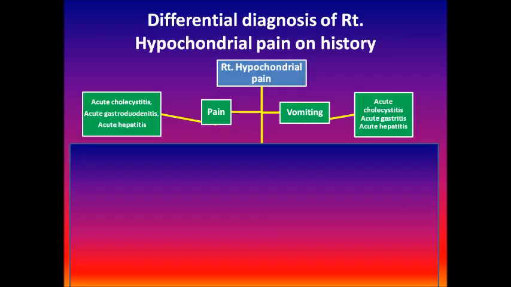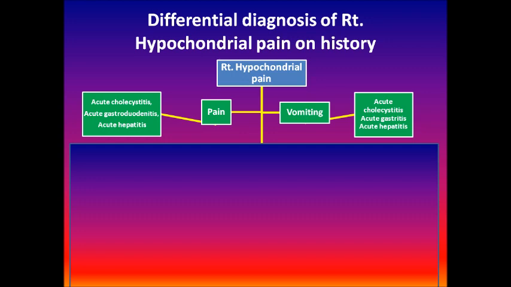Now we come to the differential diagnosis of right hypochondrial pain on history alone. When the patient presents with pain alone without any other symptom, it is usually considered to be an uncomplicated situation of acute cholecystitis, acute gastroduodenitis or acute hepatitis.